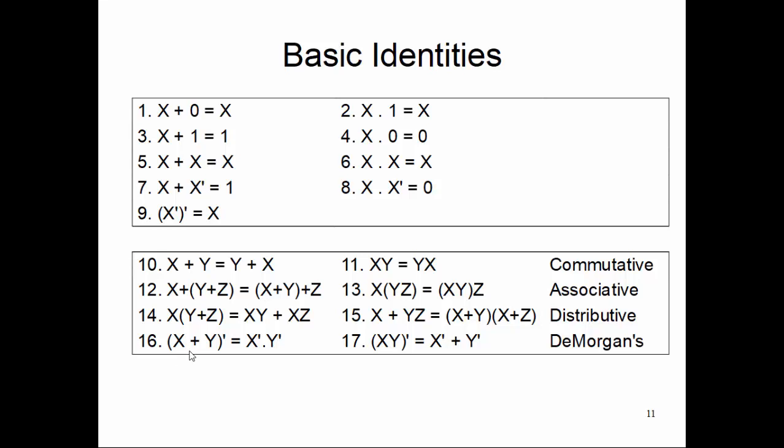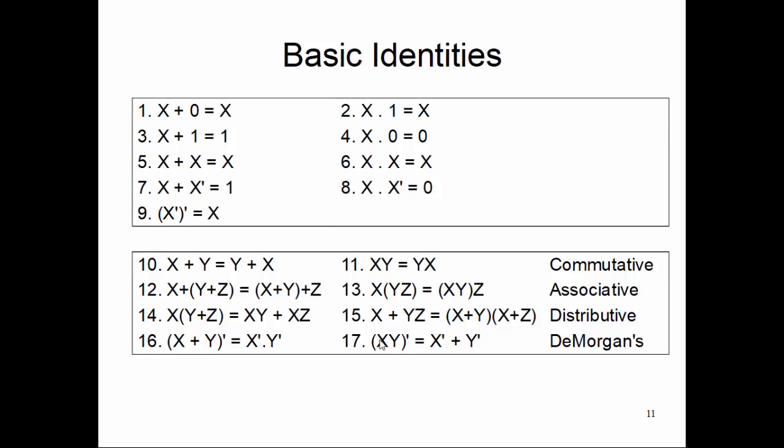It is saying that if we invert an OR relation between two variables, this is the same as inverting the individual variables and doing an AND between them. So (x or y) whole complemented equals x bar and y bar.